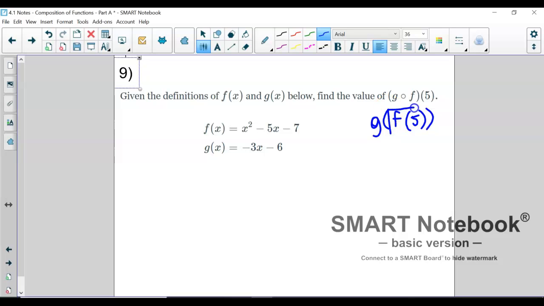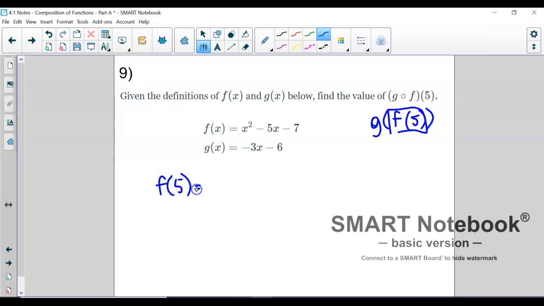So the first thing we would need to do here is find f of 5. So we're going to plug 5 into our f function. So we'd have 5 squared minus 5 times 5 minus 7. So we've got 25 minus 25 minus 7. I promise this doesn't always happen. It's just got these problems from Delta Math. They're probably similar, I guess.